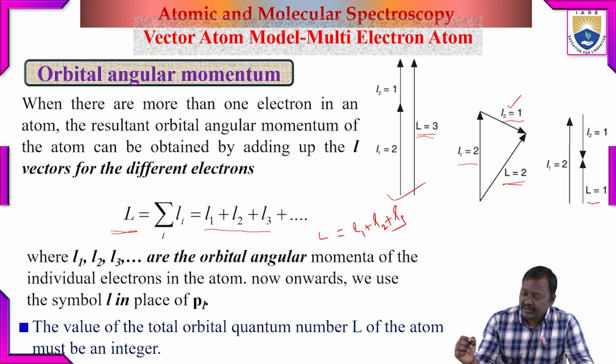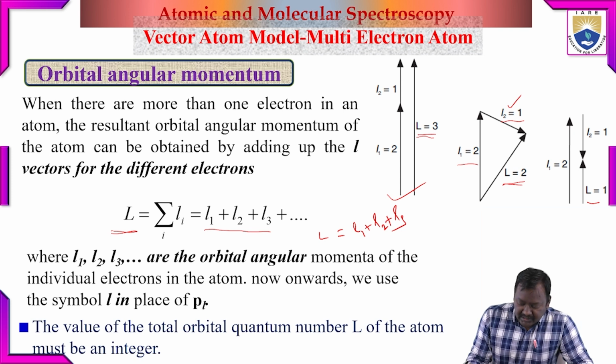So there could be three possible values of orbital angular momentum. It depends on the magnitude and orientation of the orbital angular momentum.